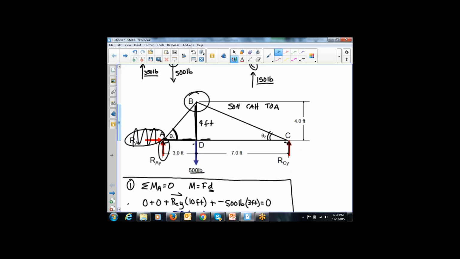If your kids have not taken geometry, you're going to have to take time to teach them a little right triangle trig. My school has adjusted it so that they have to have taken geometry before they take POE, so that I don't have that issue anymore. So I know the adjacent, I want the opposite, that's O and A, so that is the ratio tangent.